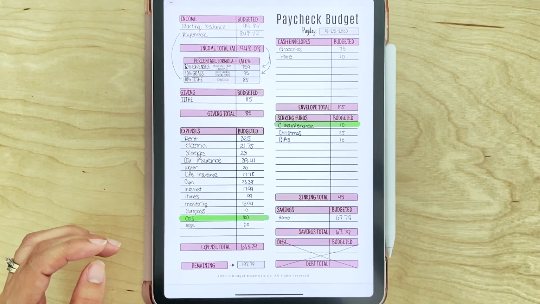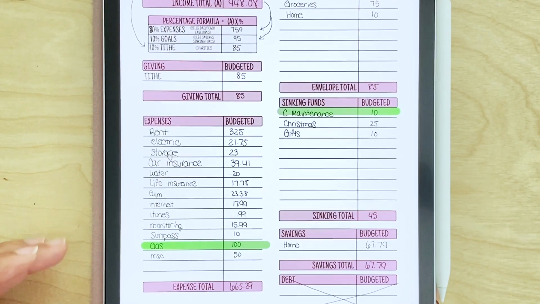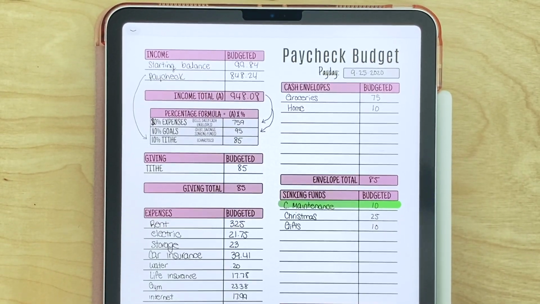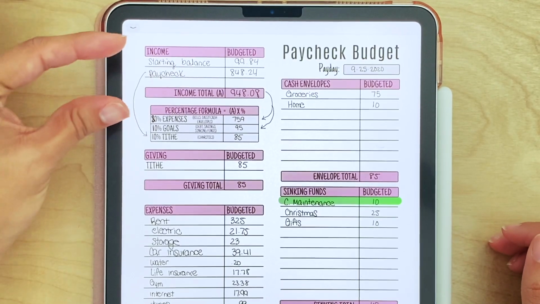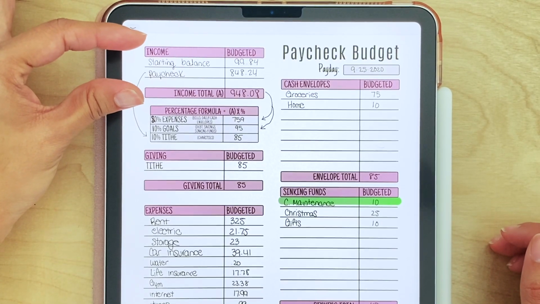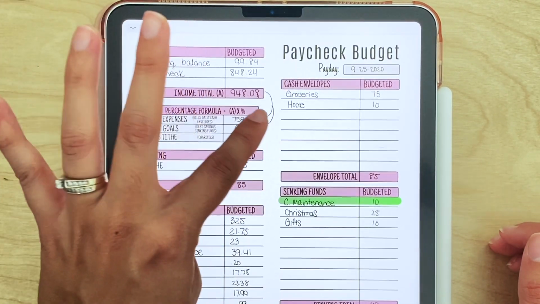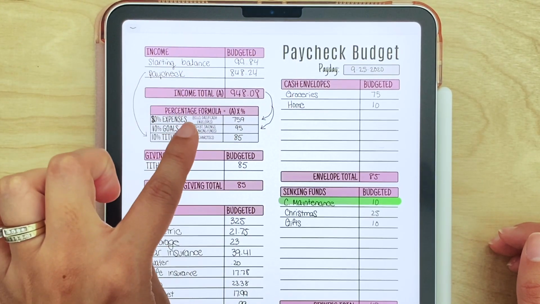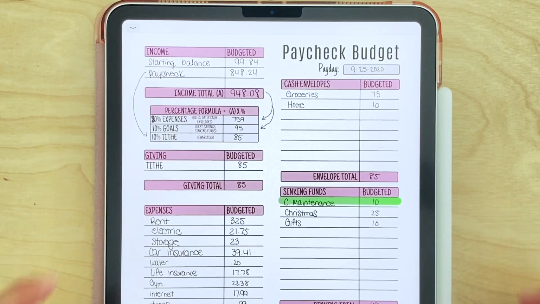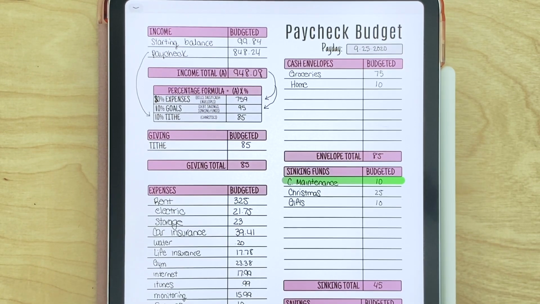So let me go ahead and zoom you guys in a little bit more. What I have up here is the income, and I write in, like I mentioned, the available balance, and then along with a paycheck, giving me a total income of $948.08. This is the number that we are going to be working with.